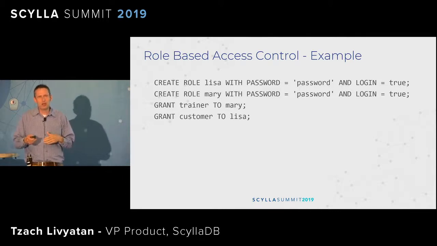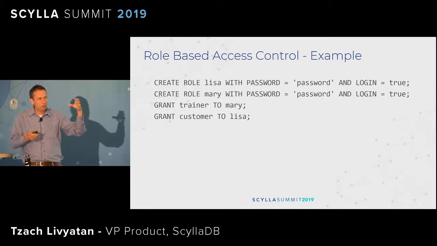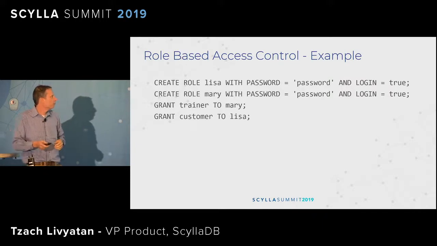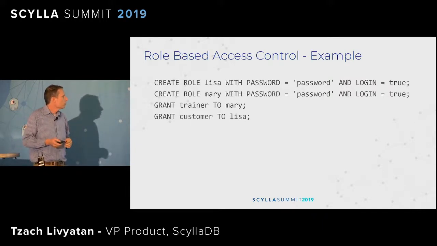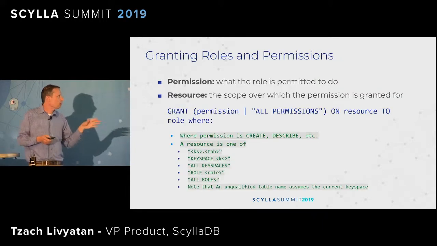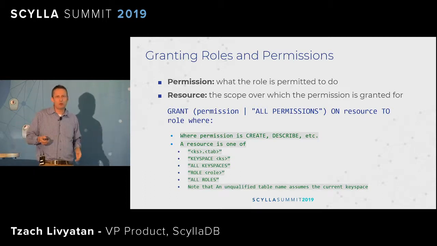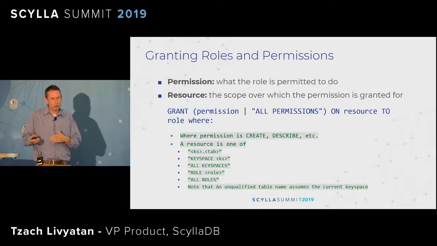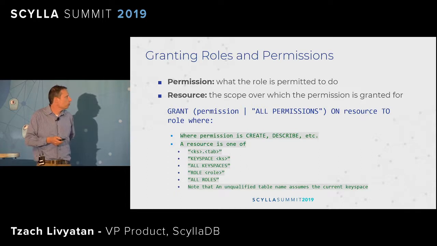So you can imagine that I can create a complex or a simple hierarchy of roles, each with slightly different permissions, and I can inherit the permission from a role to a role. I won't spend time on the formal syntax of how to create a role and such, but you can find it in the documentation.